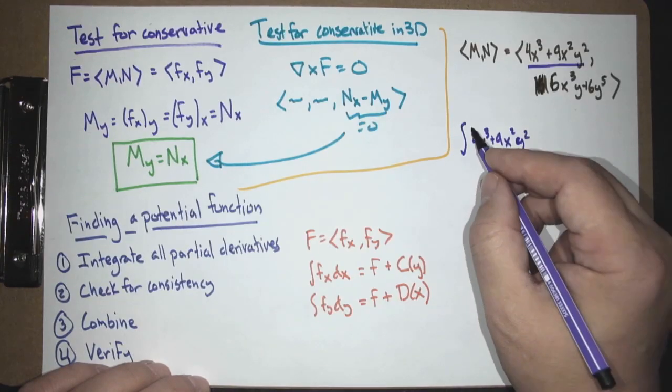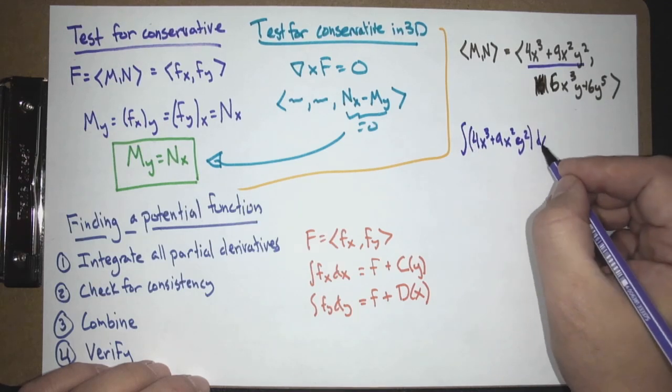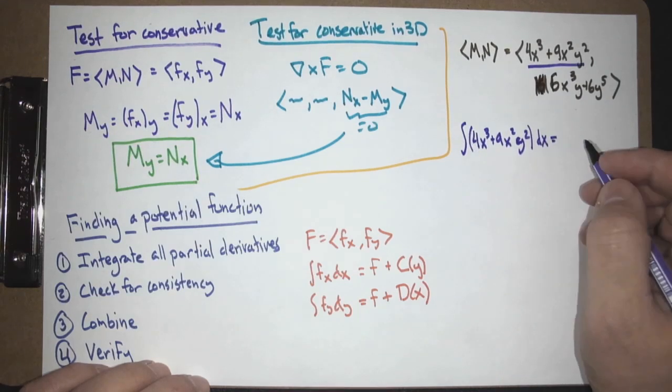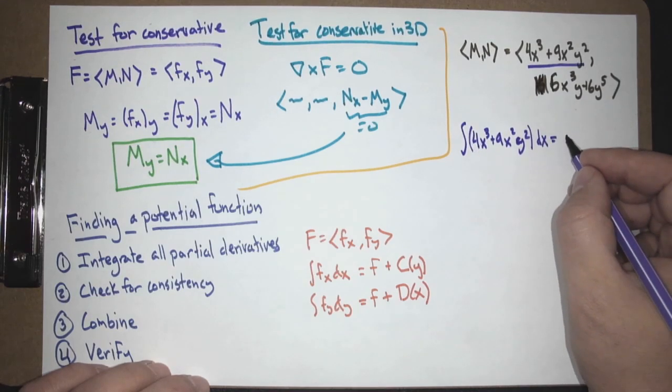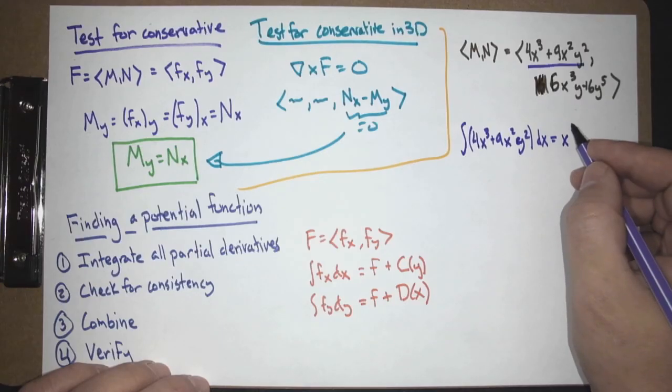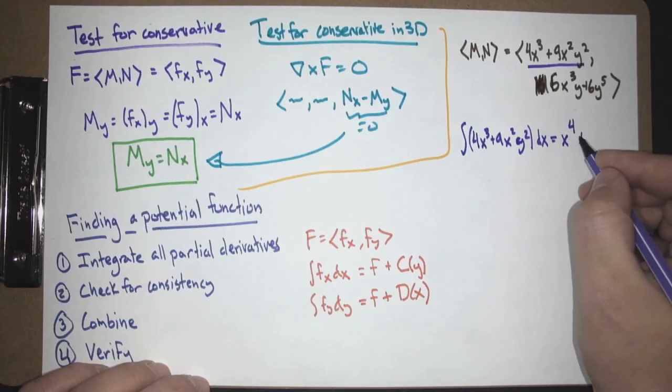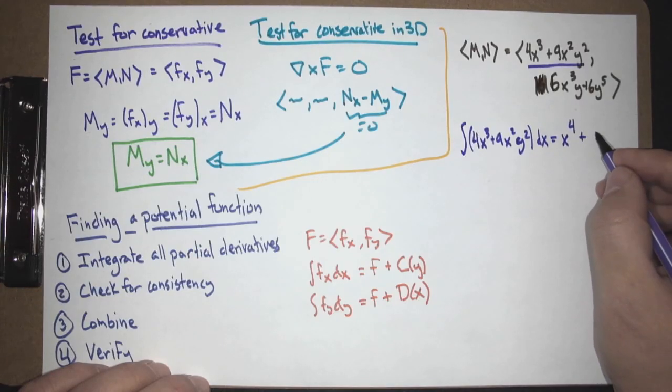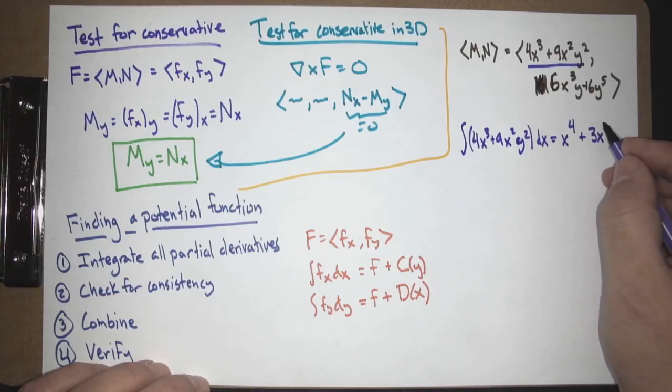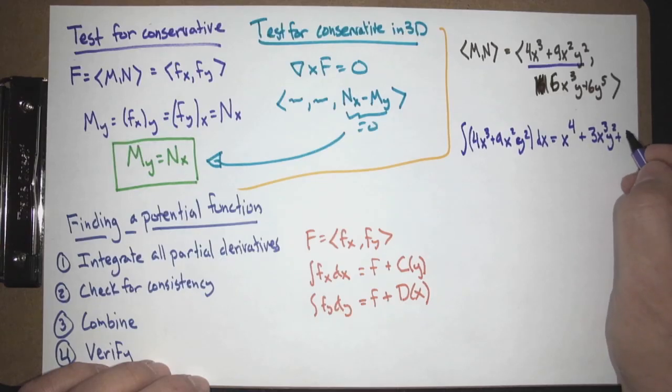When I integrate with respect to x, how do I treat the y? Constant. So what does this become? X to the 4 plus 3x cubed y squared plus a function which depends on just y.